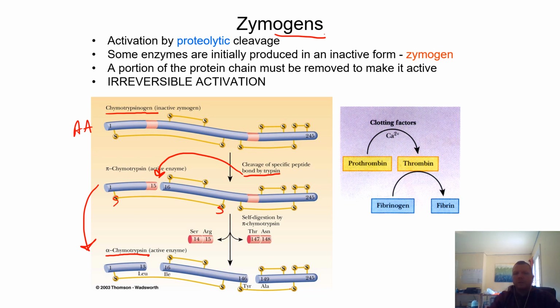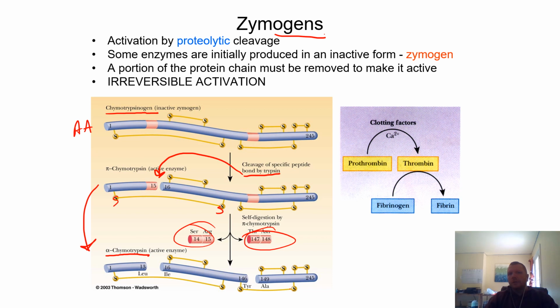Well, pi chymotrypsin is going to cut itself, and in the process, release a pair of dipeptides. So this autoactivation, autocatalytic activity is going to release the complete active enzyme.